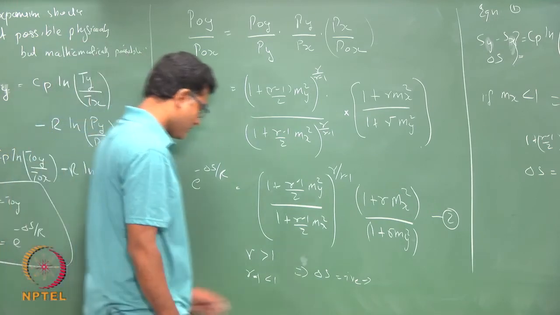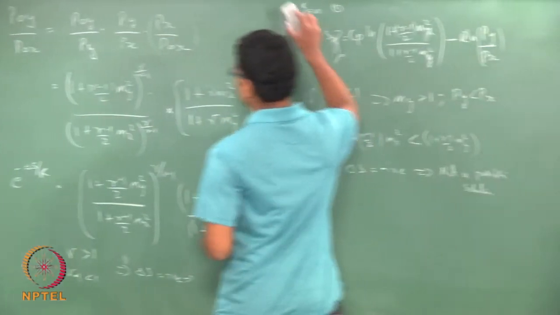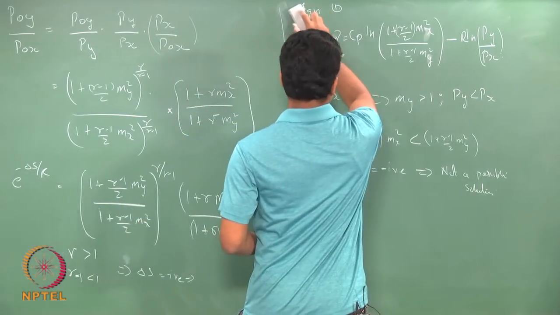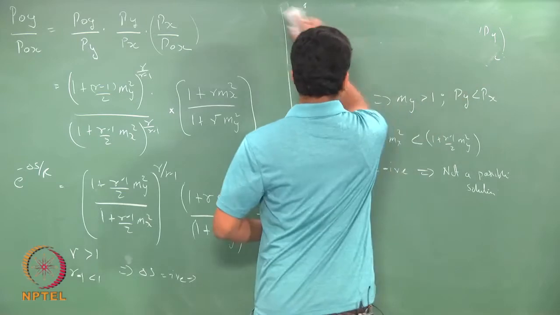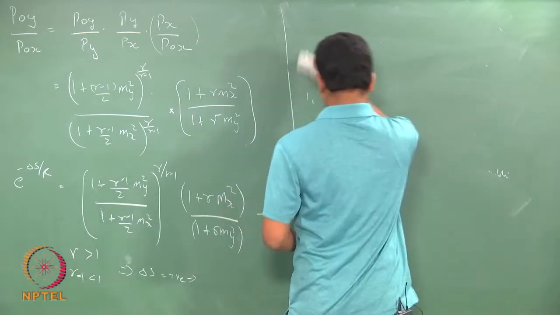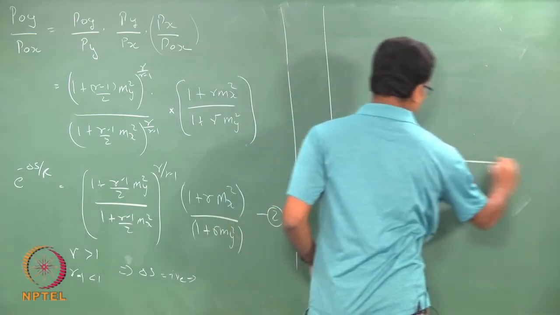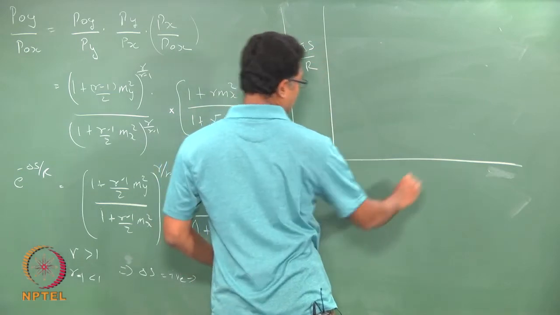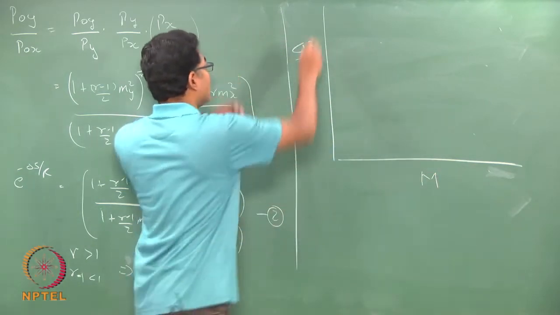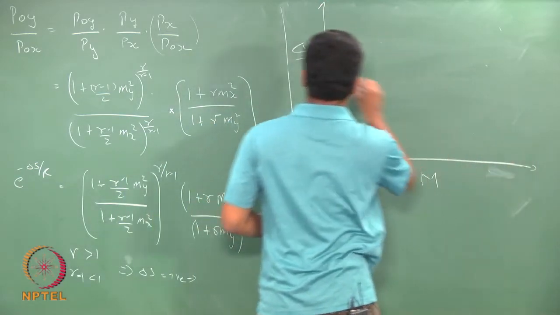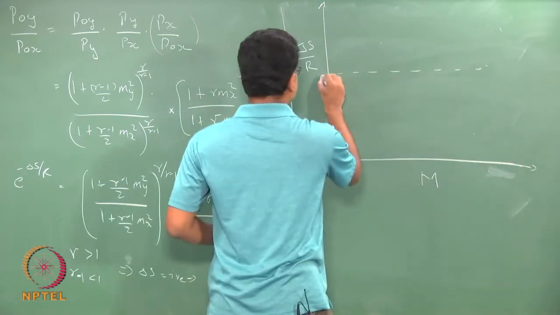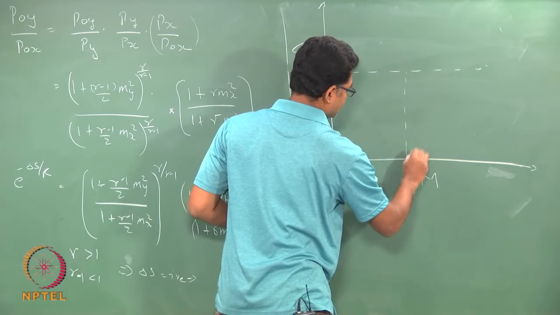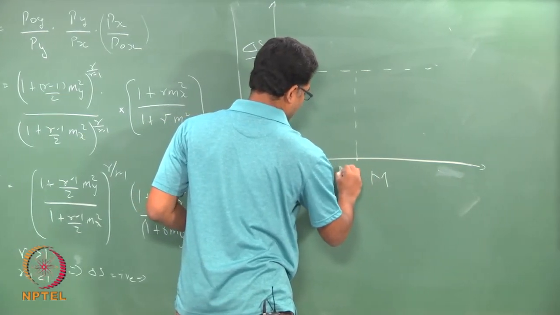Okay. So if I plot delta S by R versus M, let us take the 0 line somewhere here and Mach number 1 somewhere here. This is my 1.